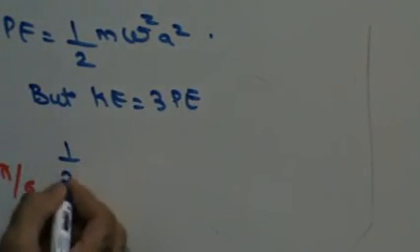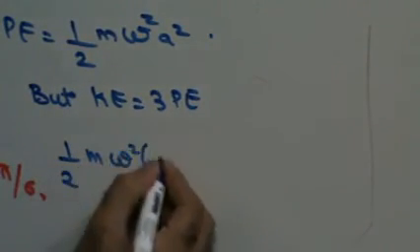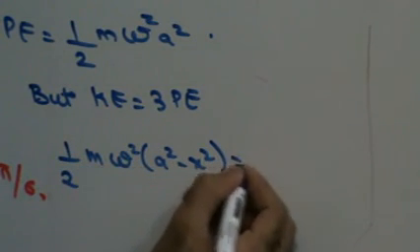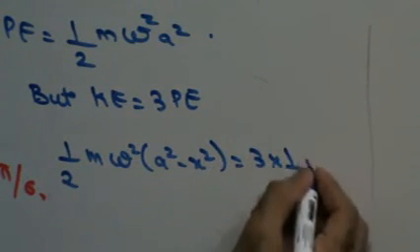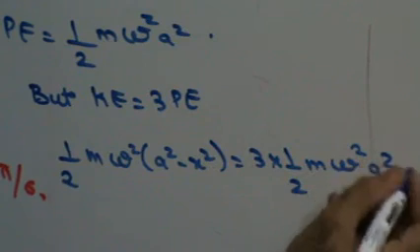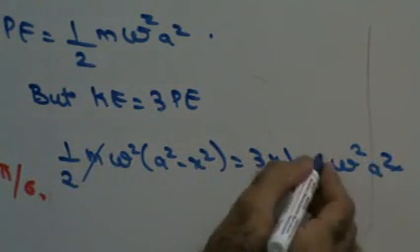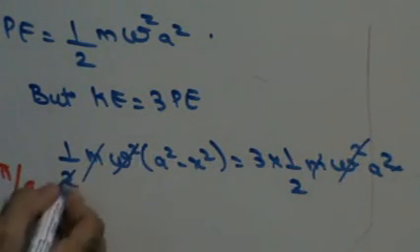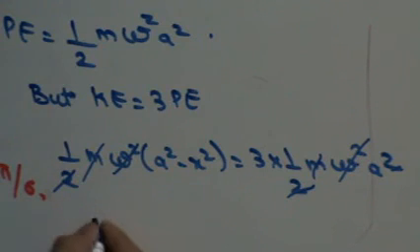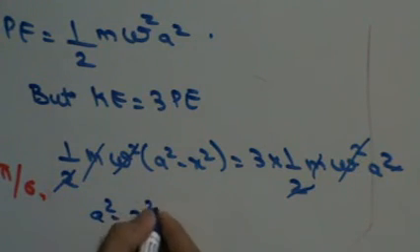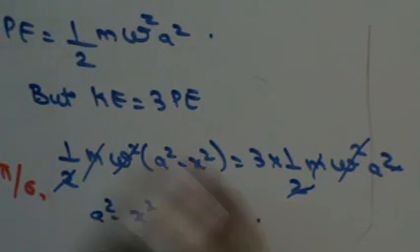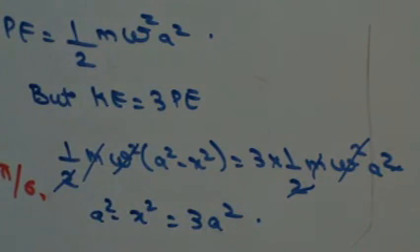That means I can say half m omega square a square minus x square is 3 into half m omega square x square. So m and m gone, omega square gone, 2 into 1. So you will get a square minus x square is 3 times x square. You know a, you should be able to get the value of x here. Answer should be x is 10 centimeters. Right, take down next one please.